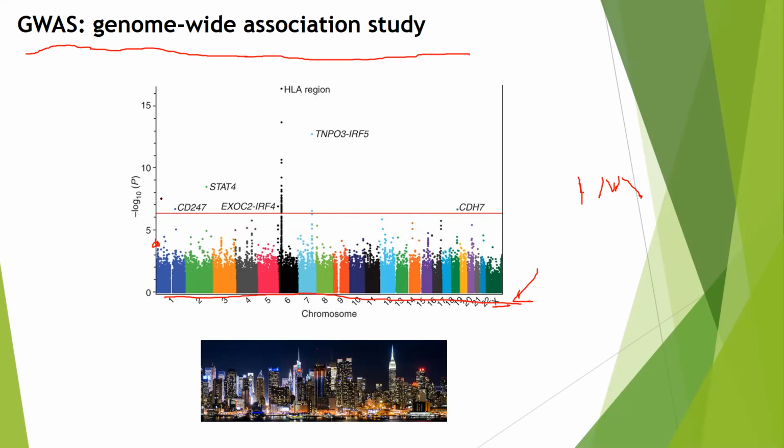So we have a cutoff here. Any position that shows a test statistic beyond this cutoff gives you an indication that this region on the genome is very likely to contain the genes that are responsible for this disease.